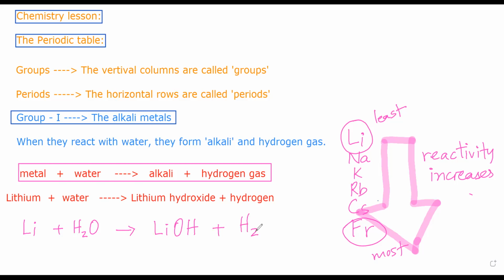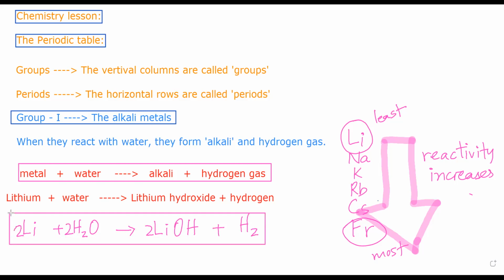Make sure our equation is balanced. Here we have 3 H on one side and 2 on the other, so we need to make it 4 H, and 2 goes with this to balance lithium as well. So this is going to be our equation. I want you to try writing the equation with sodium and potassium at least.